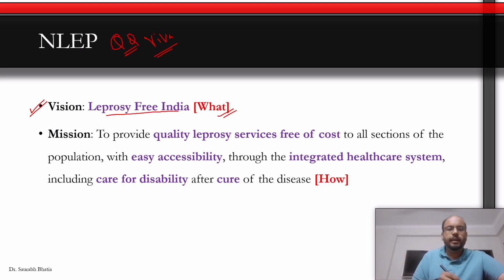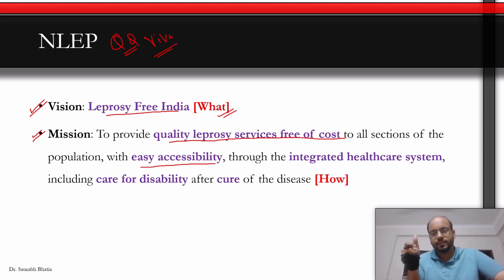Clear? Mission is how you will achieve that vision. Vision is the end point, and how will you achieve it? You will achieve it by providing quality leprosy services free of cost to all sections of society with easy accessibility, so that they can easily get the medication. First of all, they can get medication and services free. They can get them easily through an integrated healthcare system. That means the system is integrated.